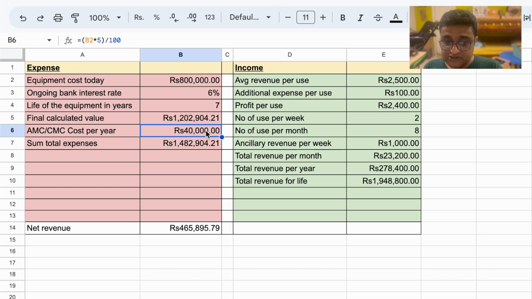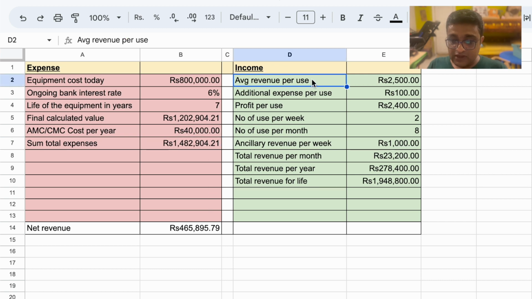Now, this machine is going to incur costs of around 40,000, we look at AMC CMC cost in this case. So sum total you have spent around 14 lakhs in total.